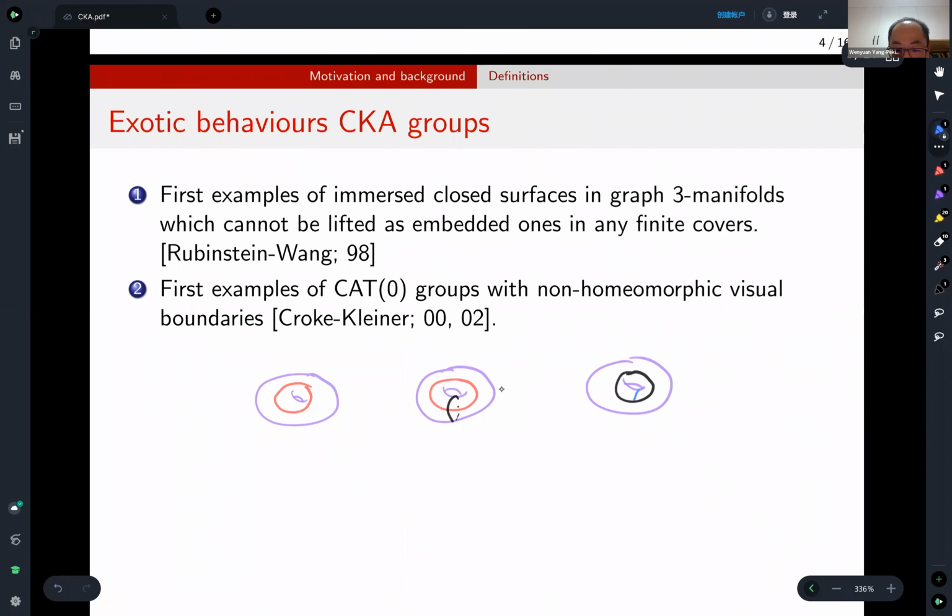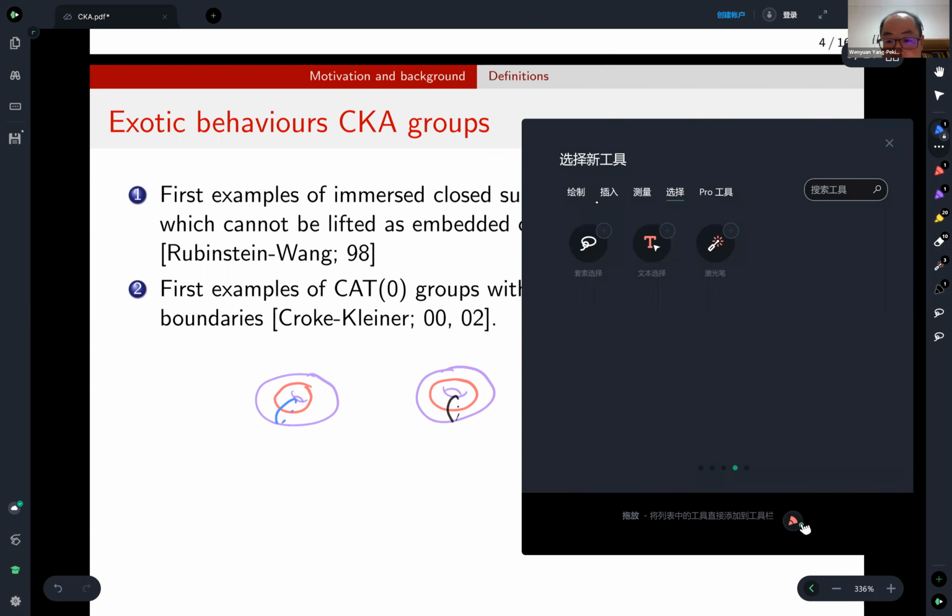Here, we don't glue these two colors. Okay, maybe I take a different color. We glue these two, which are the same. We don't glue the others. Sorry, let me take another color.